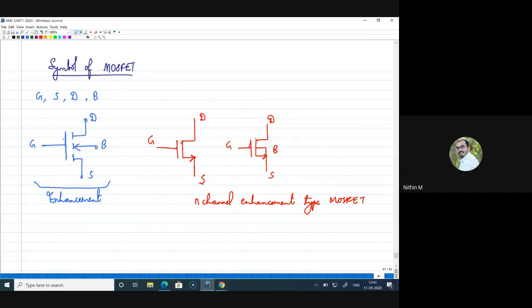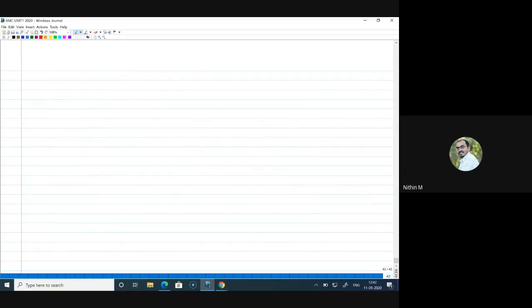So in order to make sure that a current flows, your first job is actually to create a channel, right? So we will start our study of operation of the MOSFET with different headings. First, we'll understand how a channel is formed in a device, right?